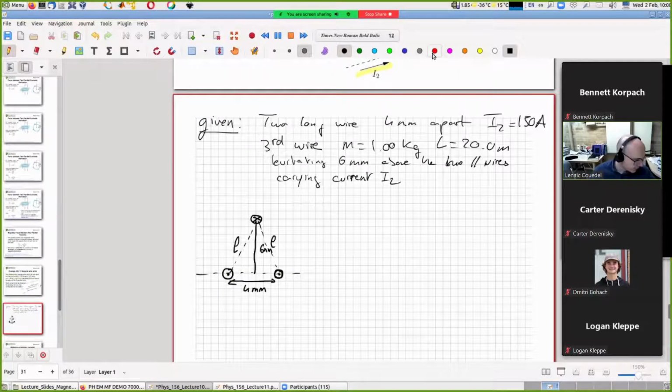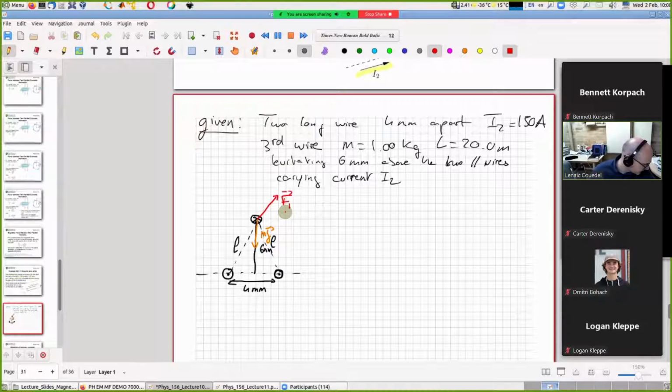Now we're in a configuration where we're at equilibrium, so the wire is levitating, so there are three forces acting on this upper wire. There is the weight, which is mg. There is the repulsive force due to wire 1, which we'll call F1.